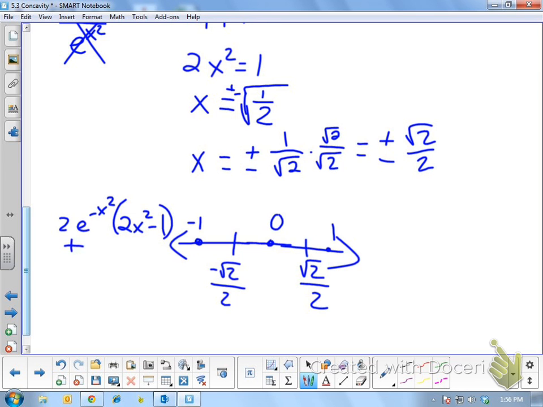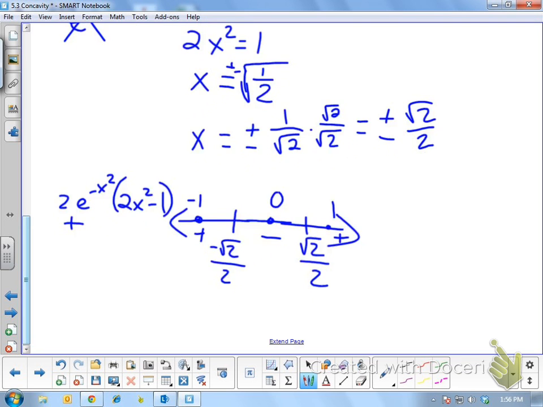You get a positive. -1 squared is positive, 2 times 1 is positive, minus 1 is positive. So what do we know about y from that positive there? Y is concave down or concave up when it's positive? Concave up. So then we plug in 0. When we plug in 0, we get negative. And when we plug in 1, we get positive.